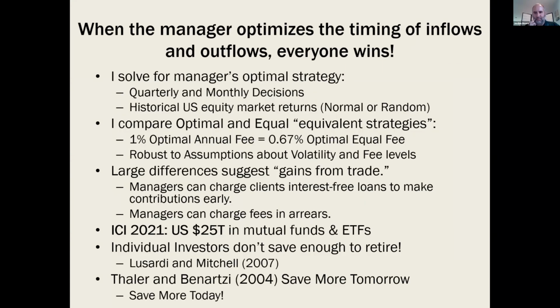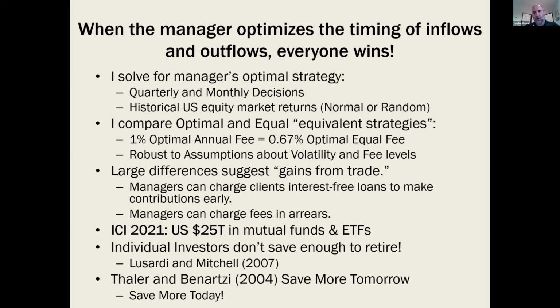So in the theory paper, I basically solve for the manager's optimal strategy. I say we're going to look at a sequence of typical historical quarterly or monthly returns that you might observe and decide what the manager would do with the idea of maximizing expected prospect theory utility. I construct what I call equivalent strategies.